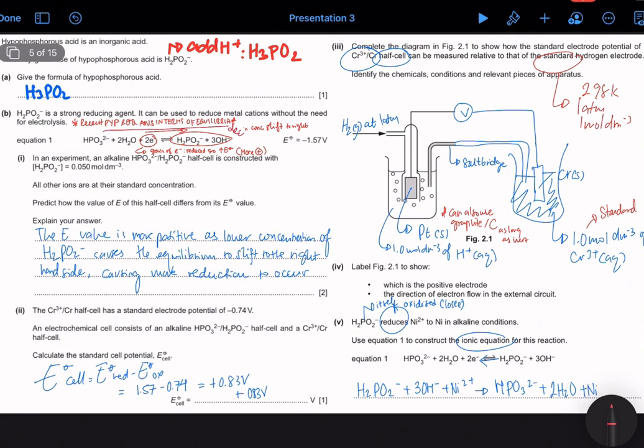The standard electrode potential would be the potential for reduction minus the potential for oxidation. This is a formula you have to memorize. So 1.57 minus 0.74, that's why you get 0.83, and this one is a positive value, so plus 0.83 volt.